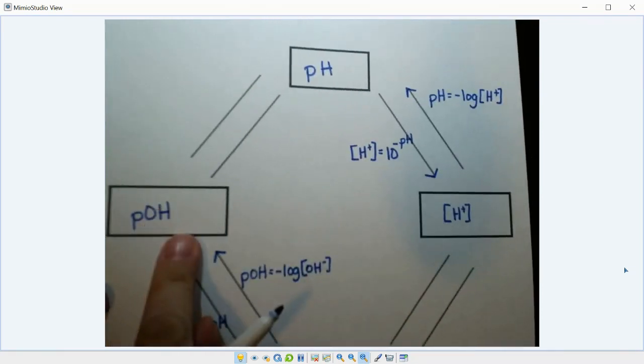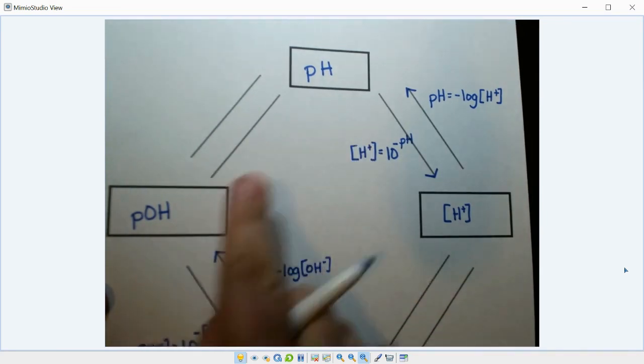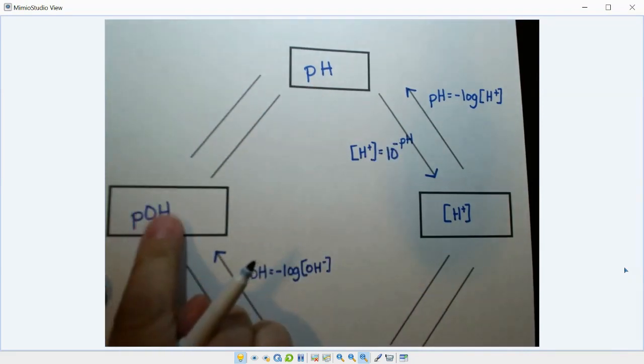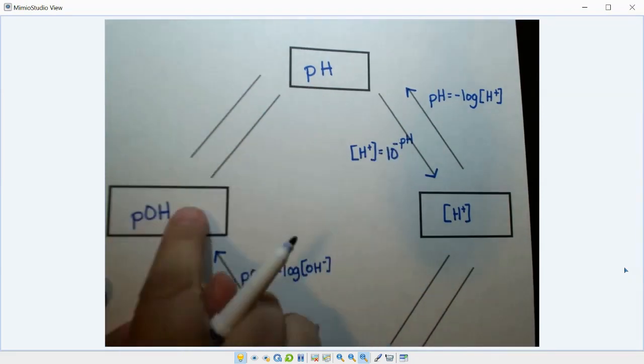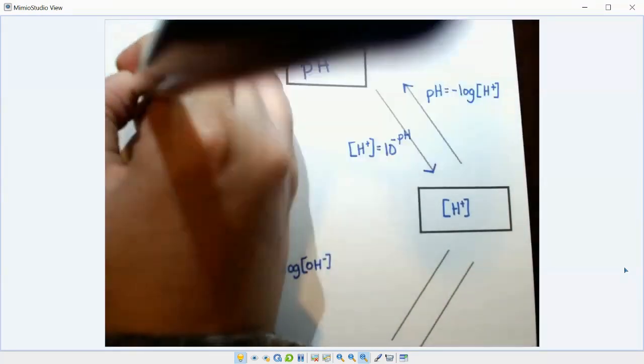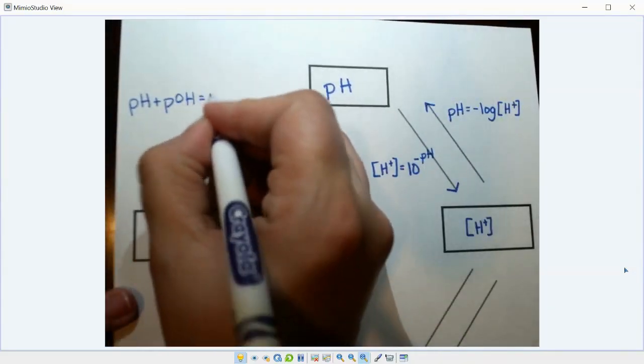We also looked at the pH scale, and we saw that it ranges from 0 to 14. Well, when we take pH and we add it to pOH, the sum of those two things must equal 14.